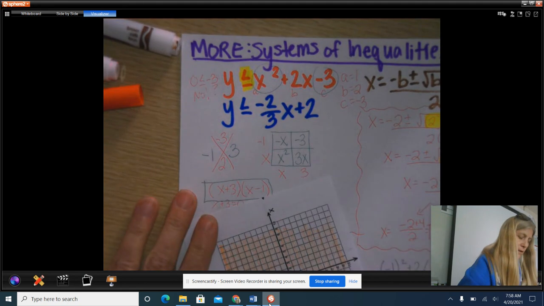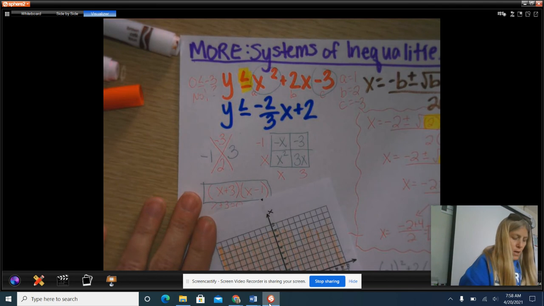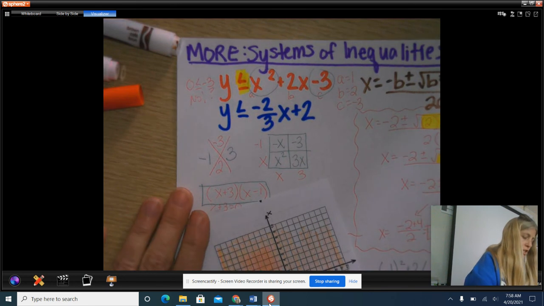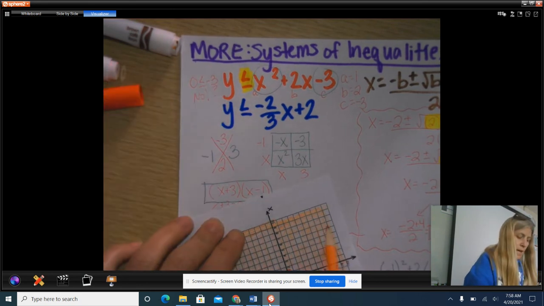Now remember, everything that's on the line of that parabola is also going to make that statement true. When I say make that statement true, what that means is I can pick any ordered pair anywhere on my shaded portion of my graph here, and it's going to make my red equation true.